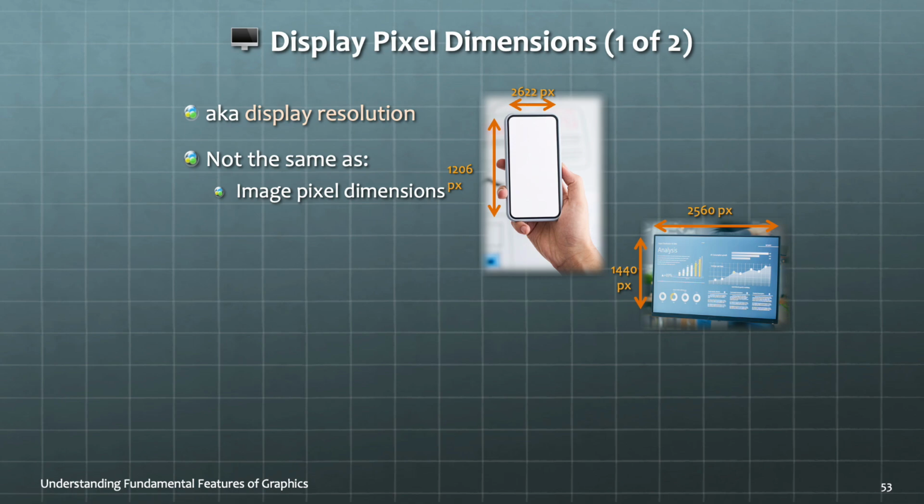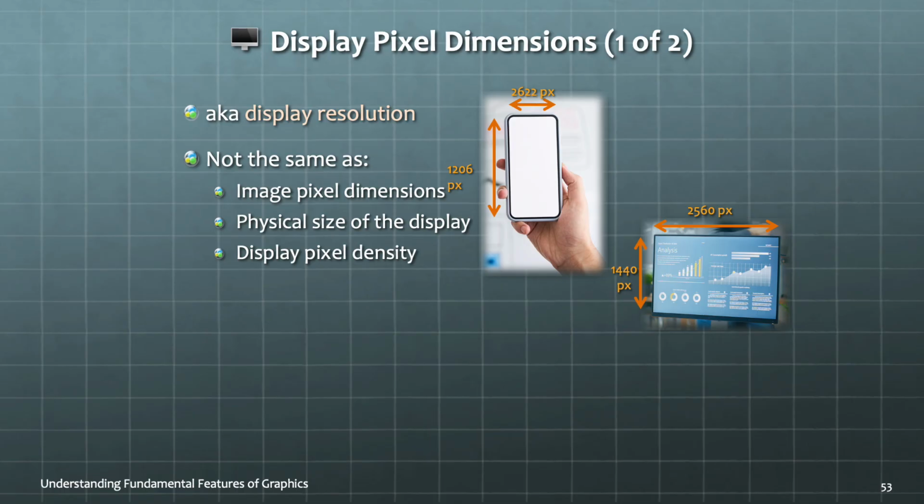Display pixel dimensions are not the same as image pixel dimensions, as we've just noted. It's not the same as, or 100% dependent on, the physical size of the display. And it's not the same as the display pixel density, just like image pixel dimensions are not the same as image pixel density. Whereas image pixels have no inherent physical size, displays do have fixed dots on their screen that cannot be changed.